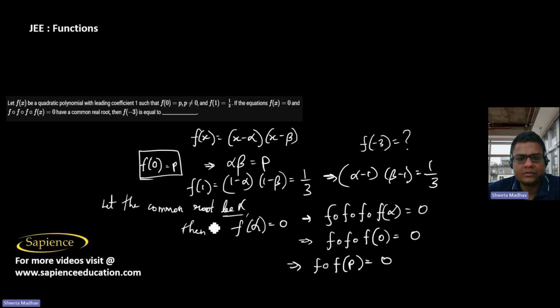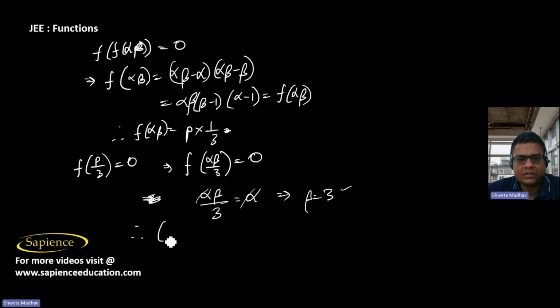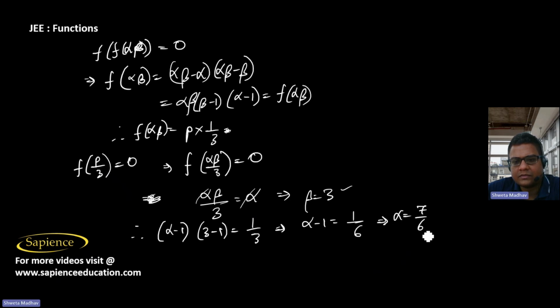So if beta equal to 3, then I can say alpha minus 1 into 3 minus 1 is equal to 1 by 3. So therefore alpha minus 1 is equal to 1 by 6. So therefore alpha will be equal to 7 by 6.